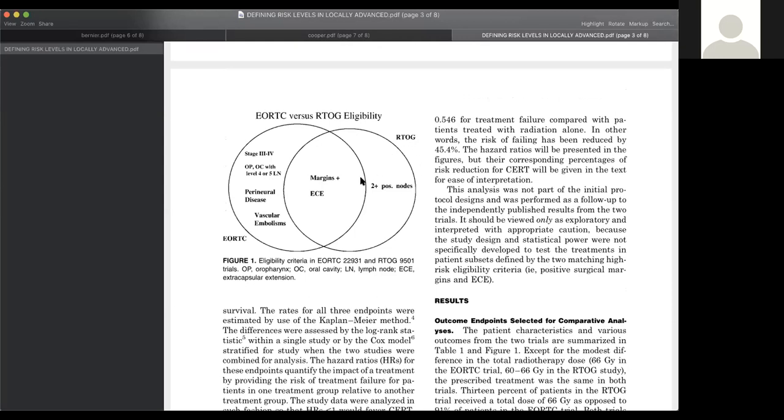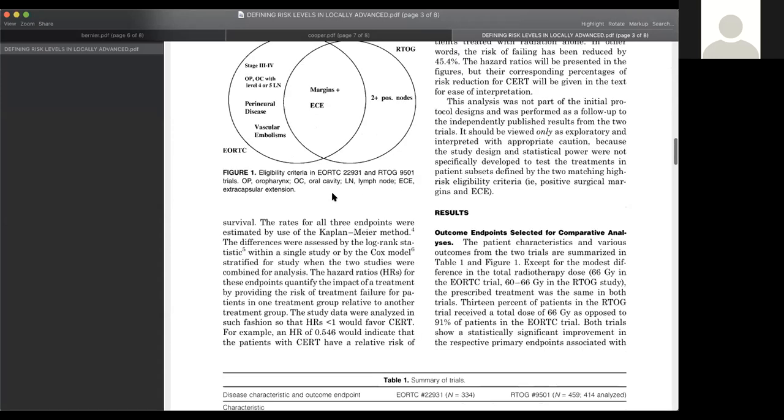In RTOG, it was margins plus ECE plus 2 or more positive lymph nodes. When they had done their statistical analysis, they found that the common denominator was that patients who were margin positive and ECE positive benefited from chemoradiation.